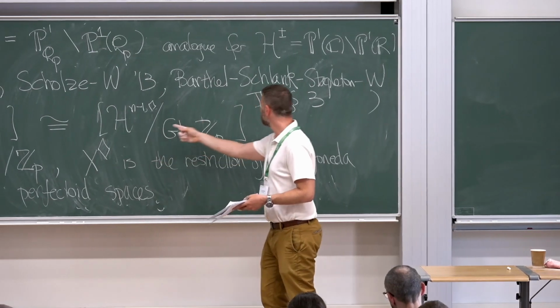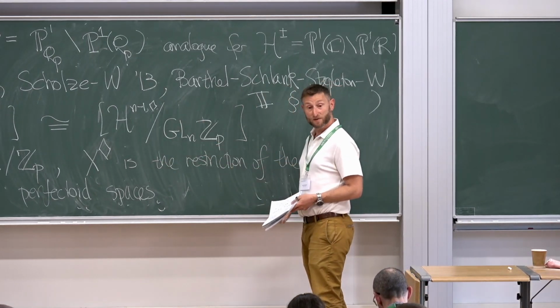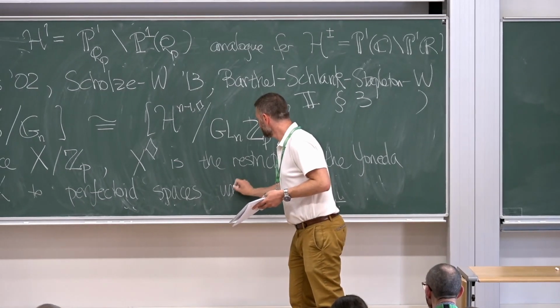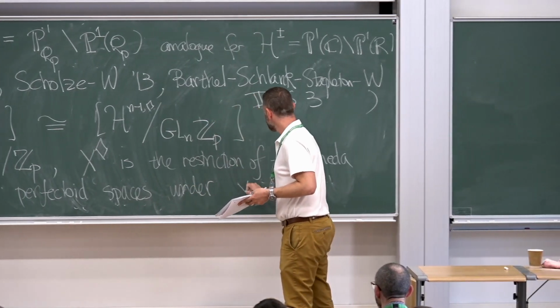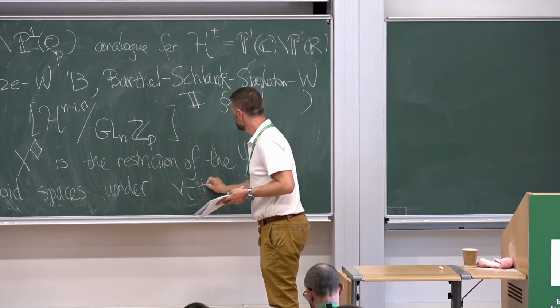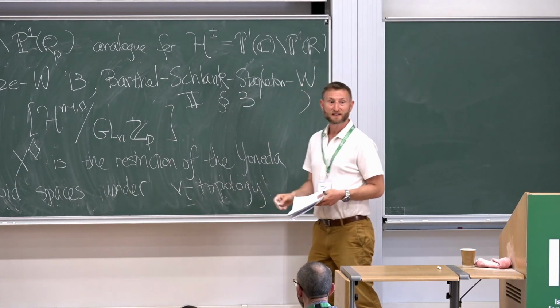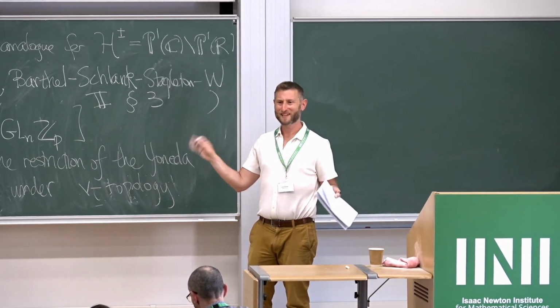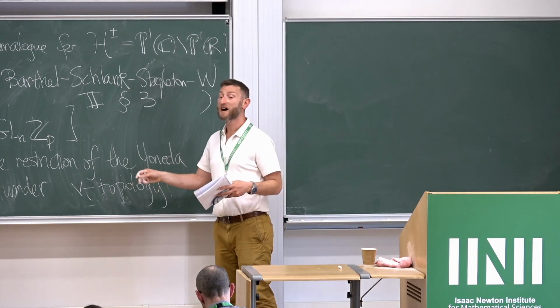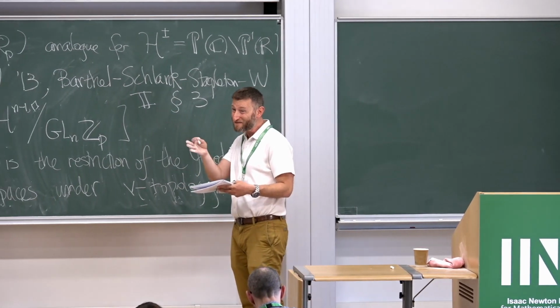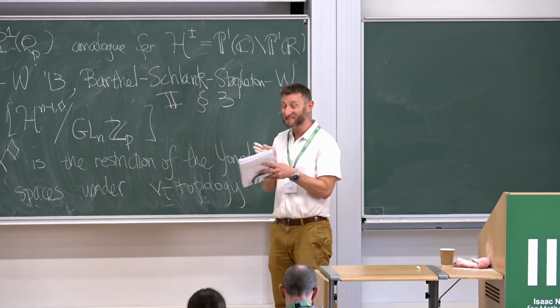What do these stacks mean? Well, the perfectoid spaces, that category has a topology, and that topology is called the v topology. What does that mean? The v stands for evaluation. That's not very helpful. The v topology is an analog for the flat topology or the fpqc topology on schemes.